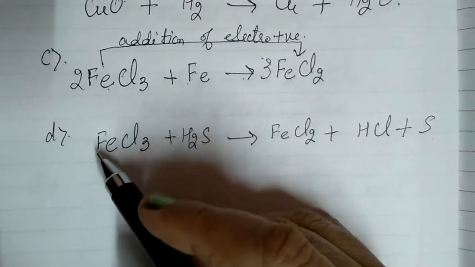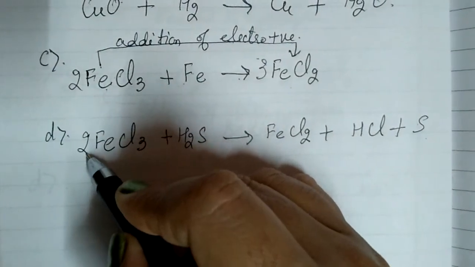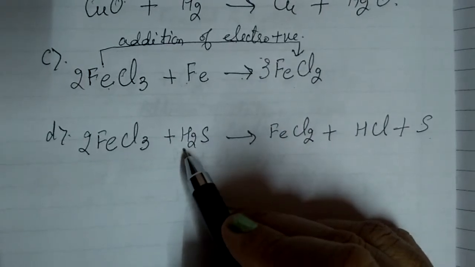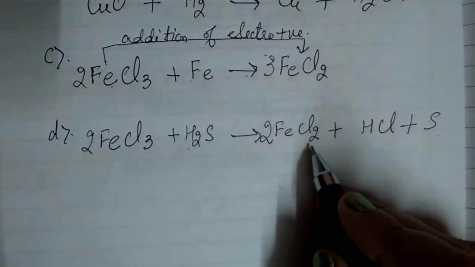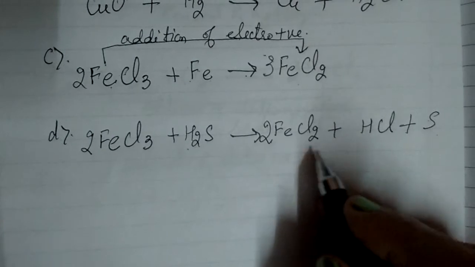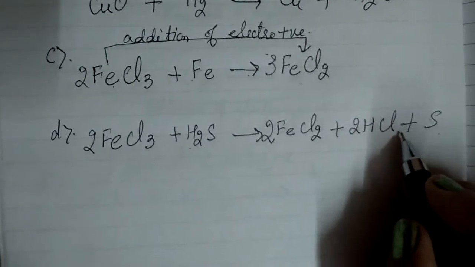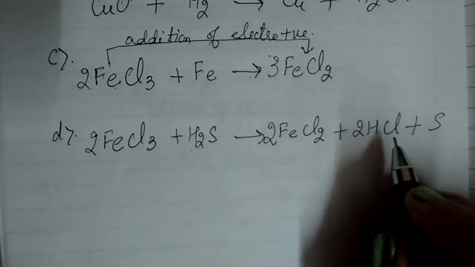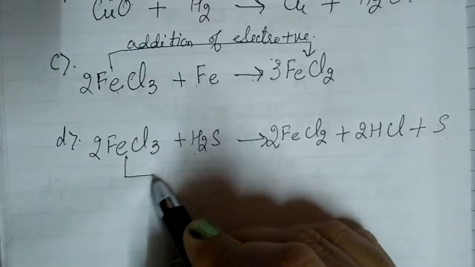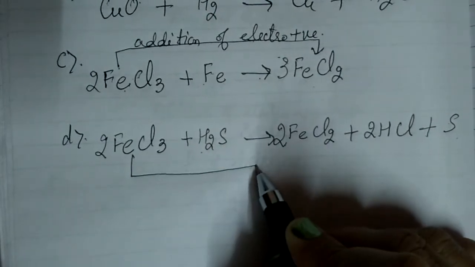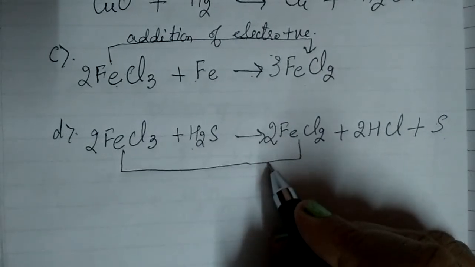Okay. Let us first of all balance this reaction. Two molecules of the ferric chloride react with one molecule of the hydrogen sulfide to form the two molecules of the ferrous chloride and two molecules of the hydrochloric acid. Okay, now in this reaction what we see clearly that to this ferric chloride, one of the chloride radical that is removed over there.